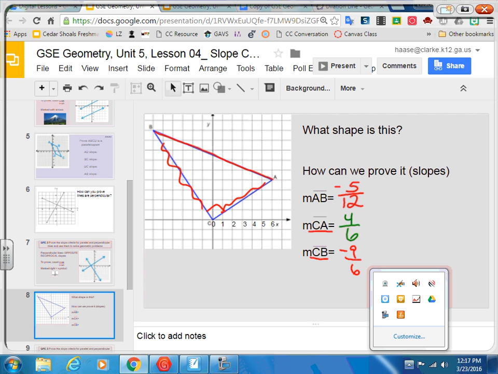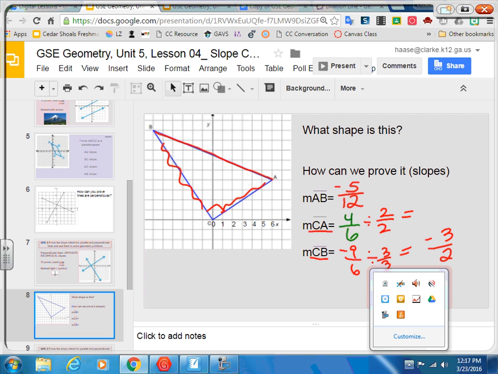CA and CB, okay? So what can negative 9 over 6 simplify to? What can I divide out of both? 3. What is negative 9 divided by 3? Negative 3 over 2. What can I divide out of 4 and 6?